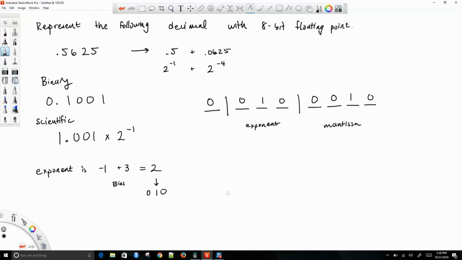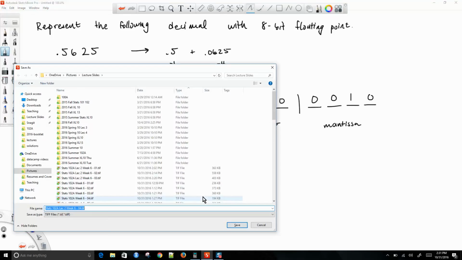To go from the decimal to the binary, we add that bias to figure out what we want to encode. When we go from the binary to the decimal, we subtract out the bias to get back the actual exponent that we want. In this case, the real exponent is -1. After we add the bias of 3, the biased exponent that we include in our number is 2, which is represented with 010 in binary. Is this okay with everybody? All right.